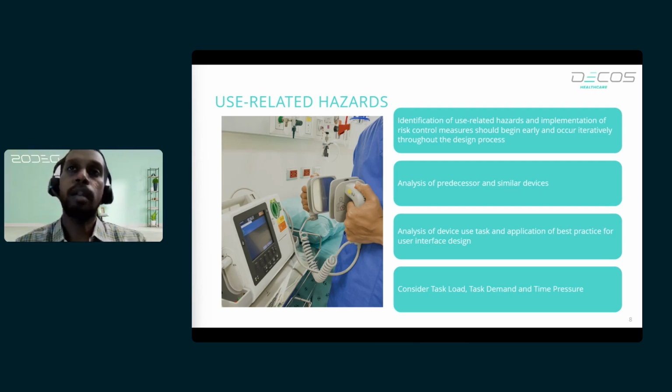This will put me at an advantage in my device's marketability, so that my device performs as intended, and the possible use errors that can occur in competitive devices don't occur in my device design.